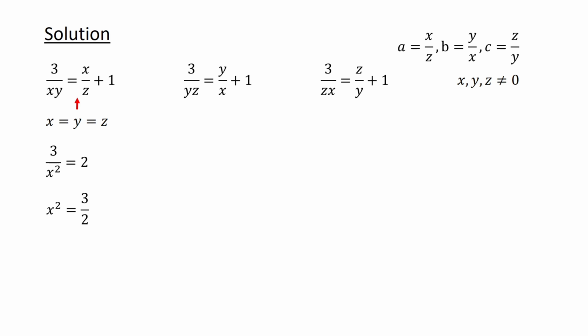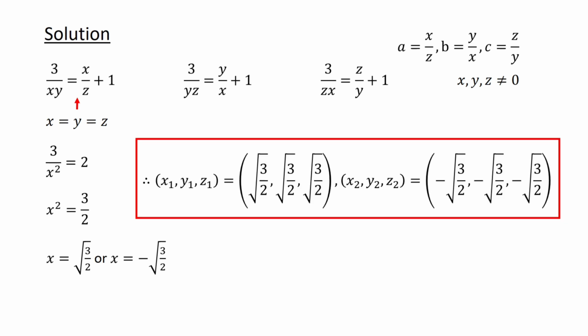Thus we have x equals square root of 3 over 2, or x equals minus square root of 3 over 2. Therefore, the solutions to our original system of equations are (x1, y1, z1) equals square root of 3 over 2, and (x2, y2, z2) equals minus square root of 3 over 2.